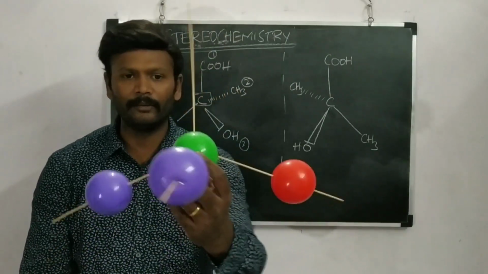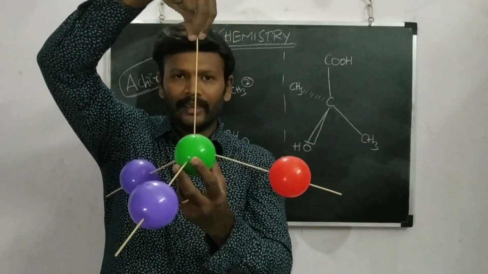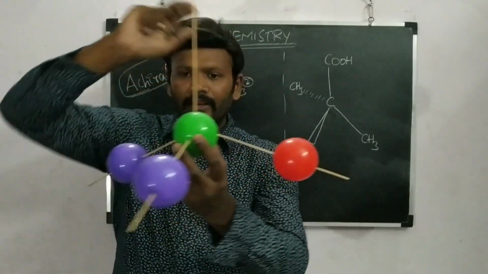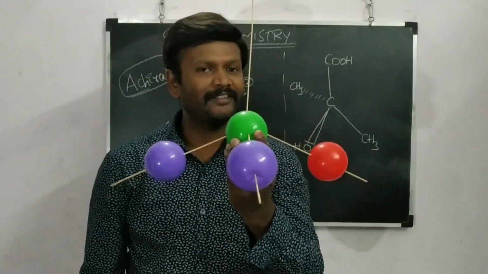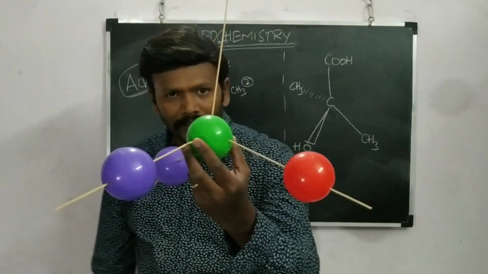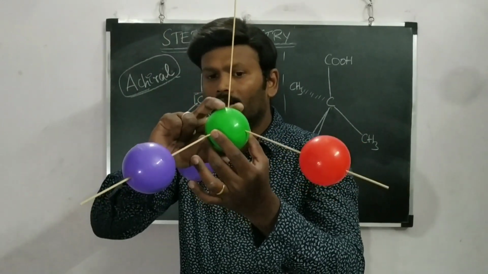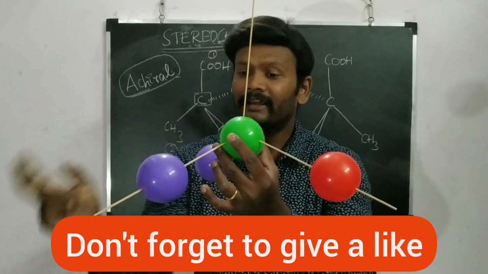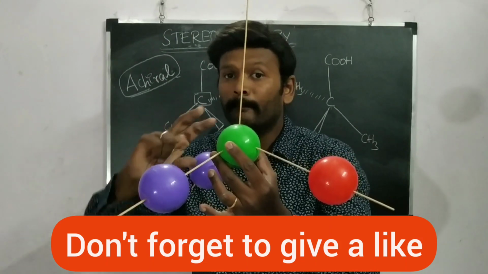Say for example, you assume that here one different group is there, here another different group is there, but these 2 are the same groups. Are you able to understand, students? So here I'll be having an achiral molecule. Here all the valencies of the carbon are completed with groups that are not completely different.